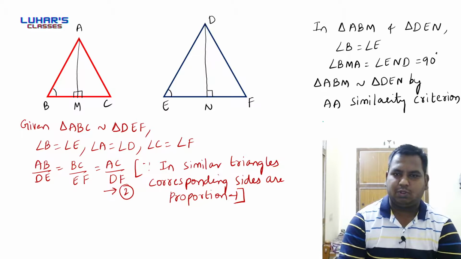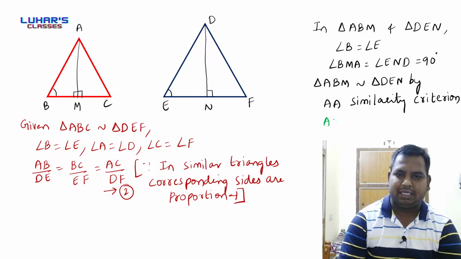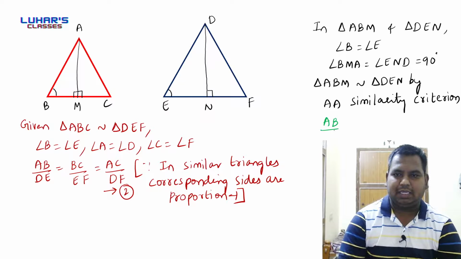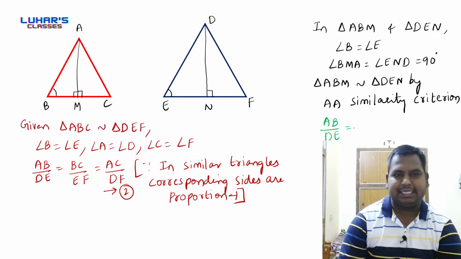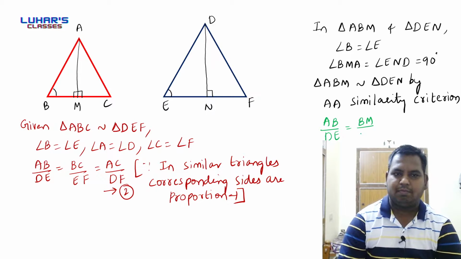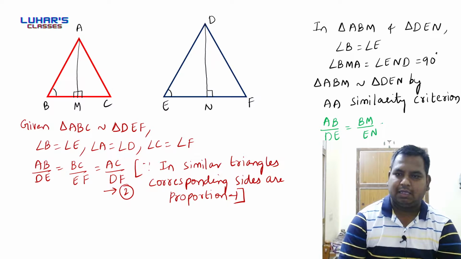Here we are going to have AB by DE is equal to BM by EN is equal to AM by DN. So let me assume it as equation number 3.